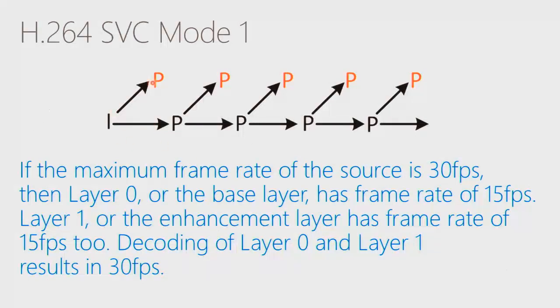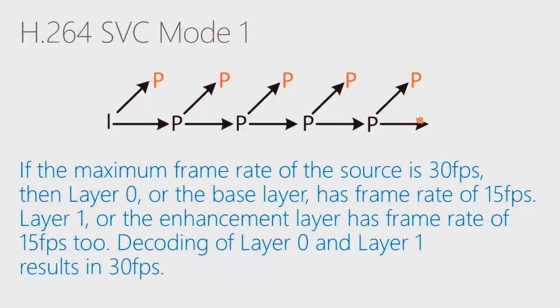But we have an enhancement layer, layer 1. That one will also give you 15 frames per second. If you understand SVC, what you can do is extract all the information from layer 0 and layer 1, and reconstruct a 30 frames per second bit stream, right? And for some receiver, say my bandwidth is limited and I can only support 15 frames per second, then the conference MCU can say, okay, the sender sent me these two layers, but this particular receiver can only do 15 frames per second because of the bandwidth.